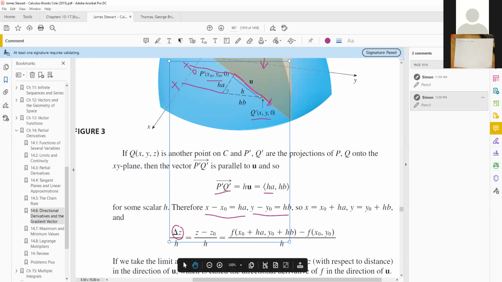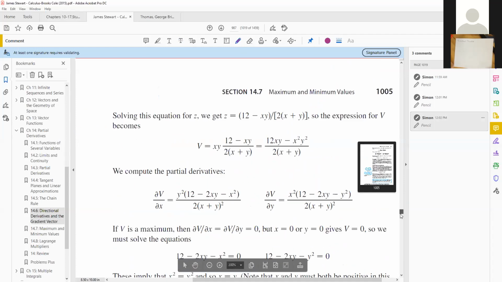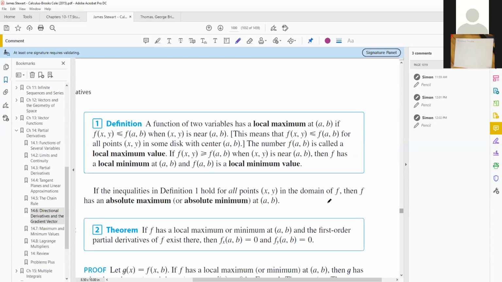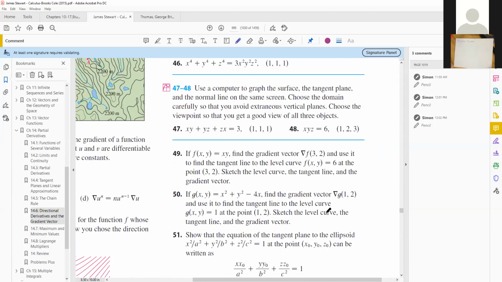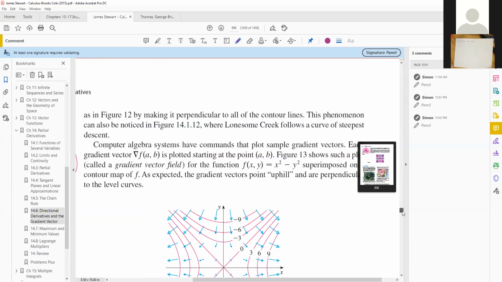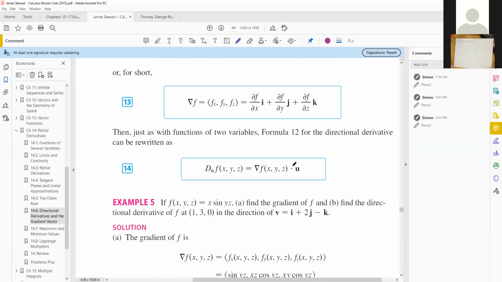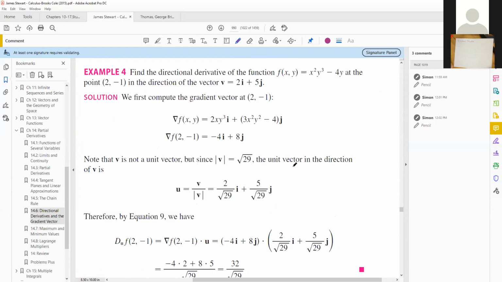So this here is the definition of the directional derivative in the direction of u, right? As long as we find the derivative of that ratio.